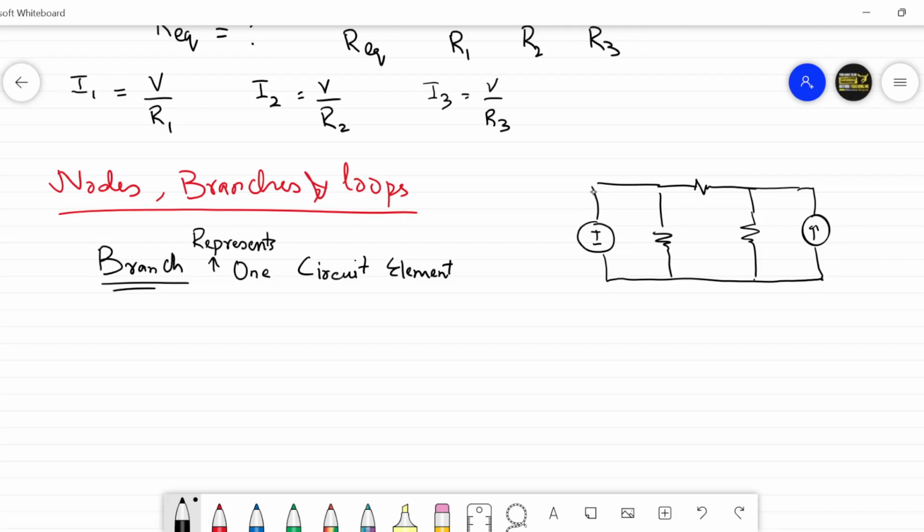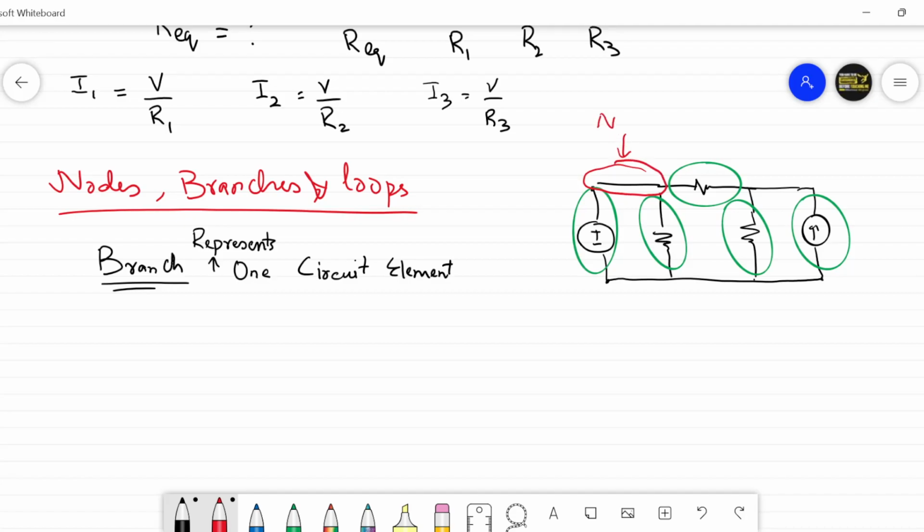So if you have a circuit element here, this here represents one branch, this here represents another branch, this is your third branch in the circuit, this is your fourth branch, this is your fifth branch. Fine. So if there is no circuit element present at any location, that is not a branch. So there is no circuit element here, the one shown in red, it is not a branch.